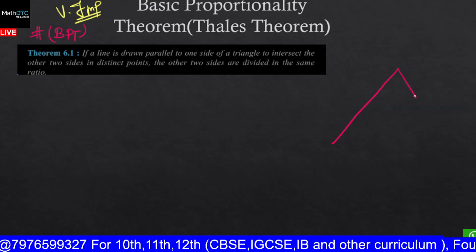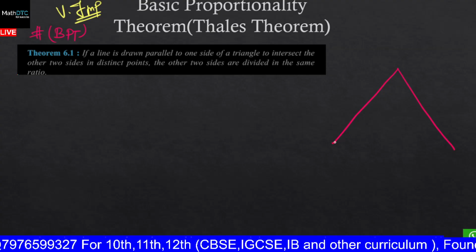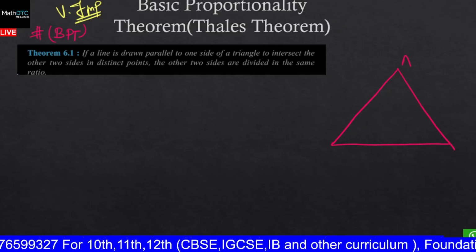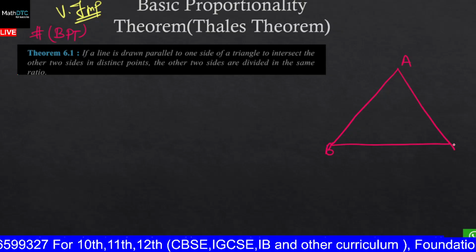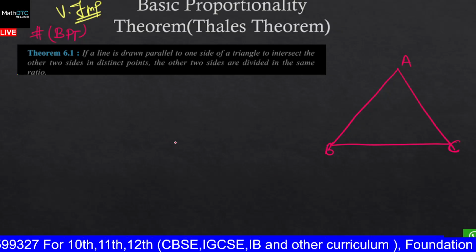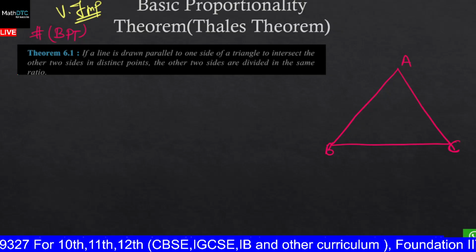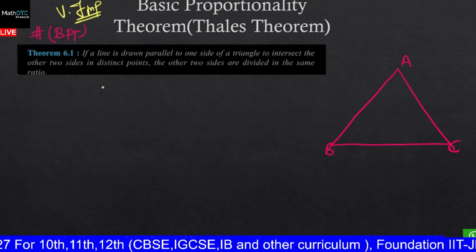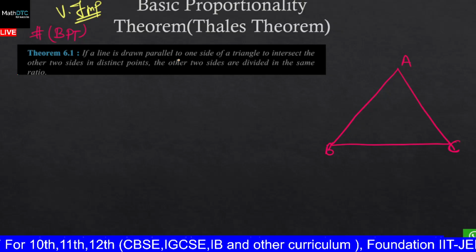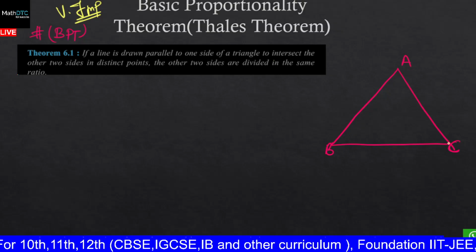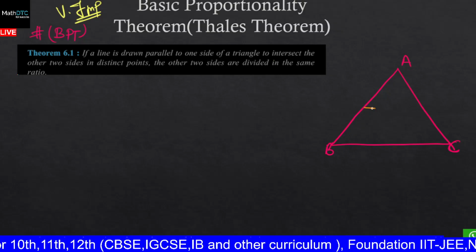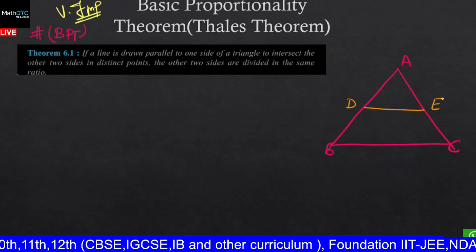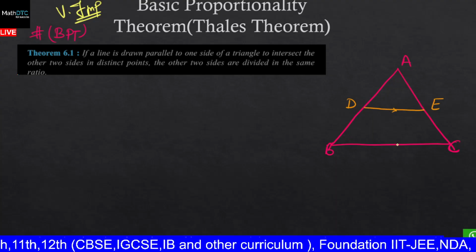First of all, we need to draw a suitable diagram. The key focus is on A, B and C. According to the theorem, if a line is drawn parallel to one side of the triangle, we have a side BC, so I draw a parallel side DE. This is a parallel side.